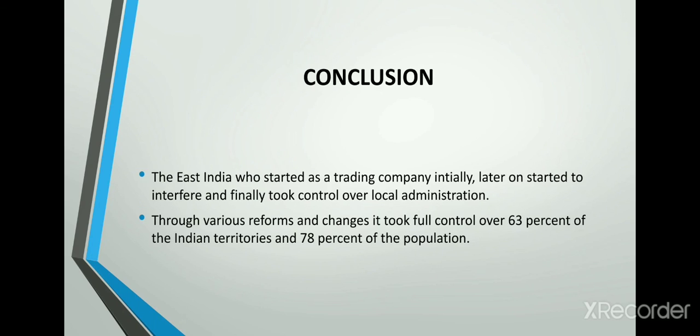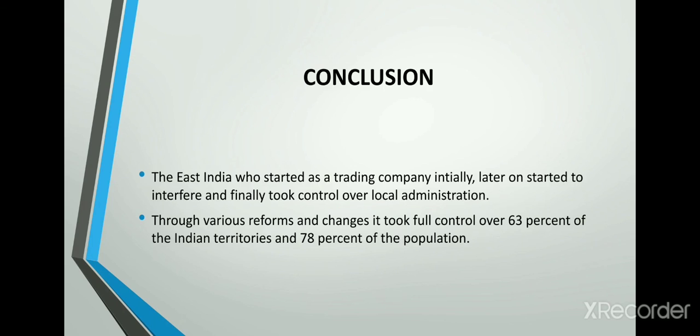So, conclusion. We have come to the conclusion of the lesson, students. The East India Company, which started as a trading company initially, later started to interfere and finally took control over the local administration. This we saw in several instances, like how the British were able to acquire or annex different territories over the country.